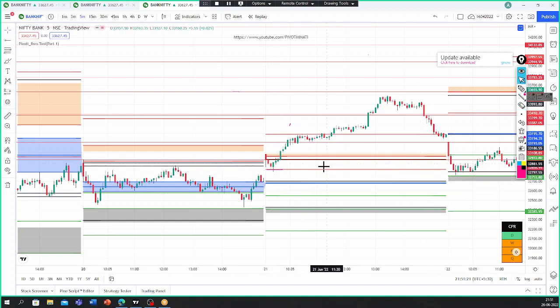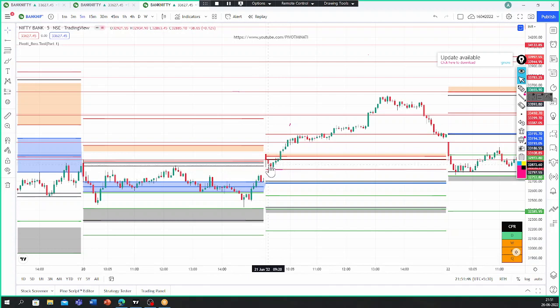No, wait. See, if you see here, this is PDH, and there is H4 here. See here, PDH and H4 together are there, right? Now, don't go for short just because you see there is a rejection at PDH.